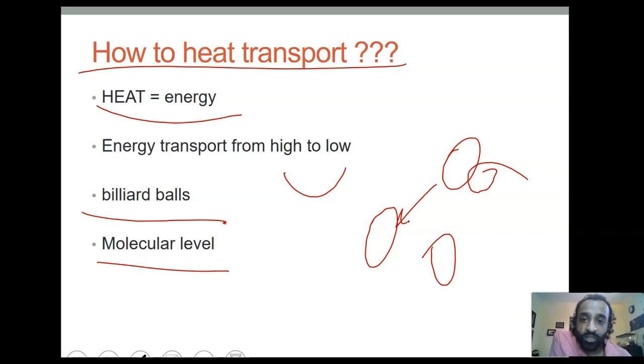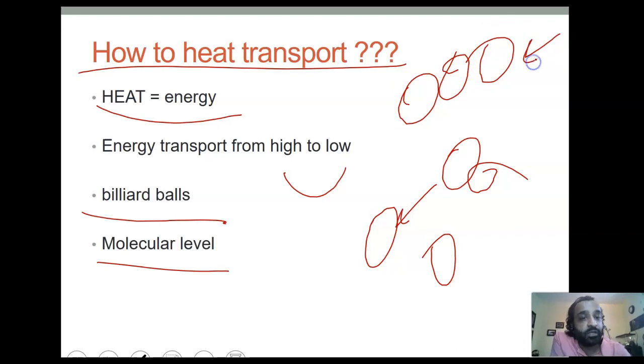So thinking about that concept, if you hit something solid, solid means that the molecules are very close to each other. So the transport of energy is going to be very close. If you have three balls next to each other and you hit them, probably the energy will transport to all of them almost the same. It's faster. Meanwhile, if there's more space, you're going to hit one, the other one will go, and you might miss it.